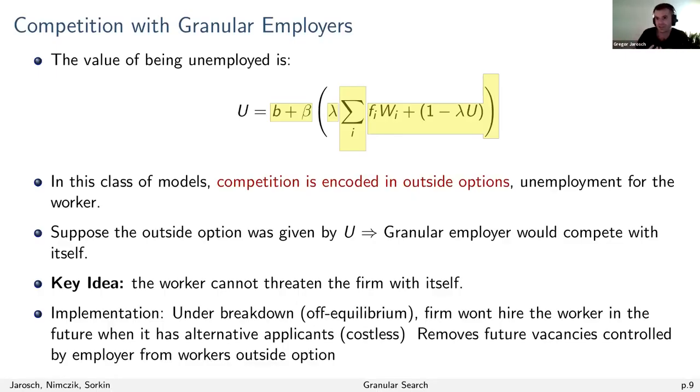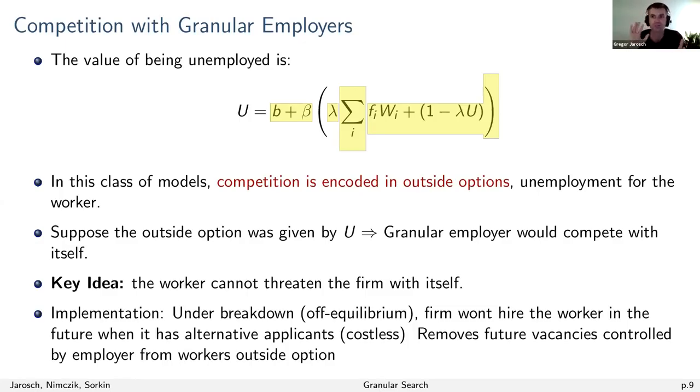And basically the key idea of the setup is that we'll now give the firm a way to remove its own vacancies, its own shops, from the threat point. How are we going to do it? I don't want to get into too much detail, but effectively we'll give the firm credible pledges that on the off-equilibrium path, where the worker turns around and walks out the door, the firm will close its door to the worker in the future.